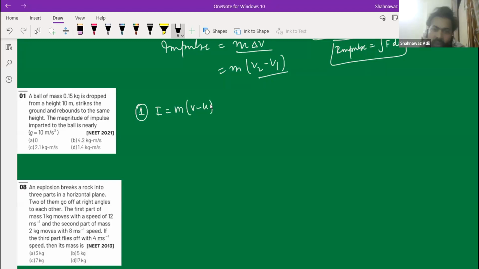Or we can also calculate the force, but this would be easy to calculate. So what is the change in momentum? Before striking, what was the momentum, and after striking, what was it? Let's find that out.